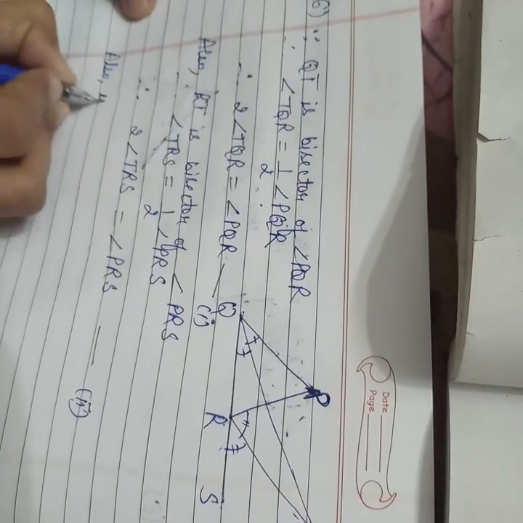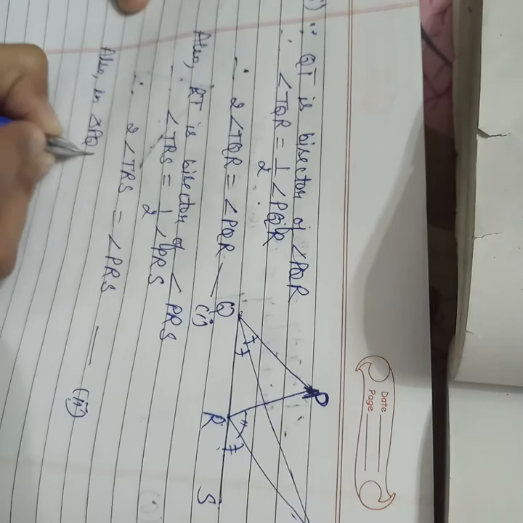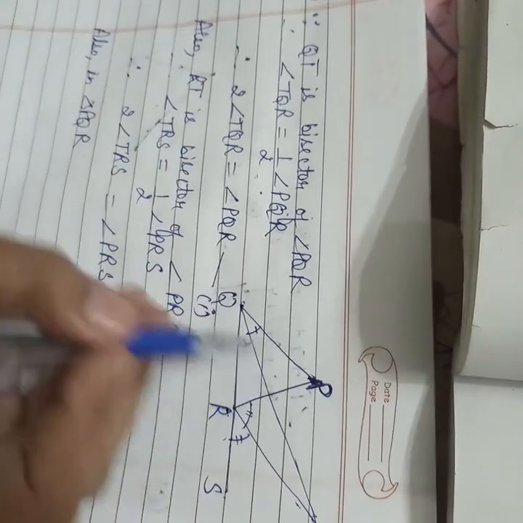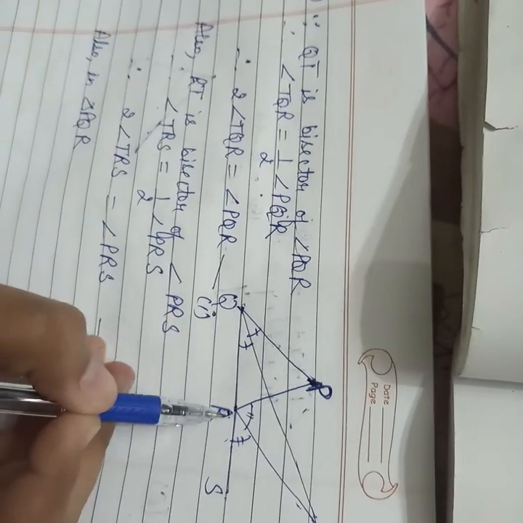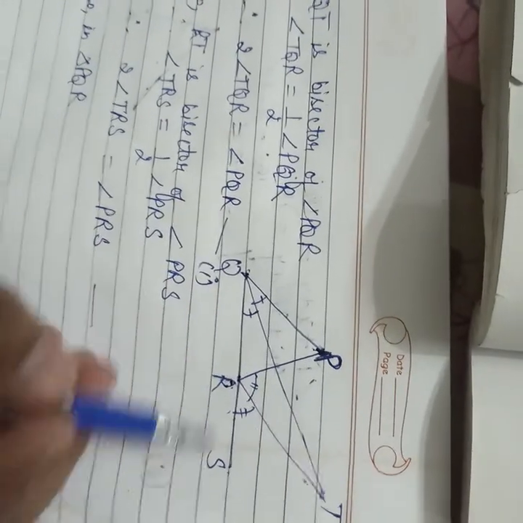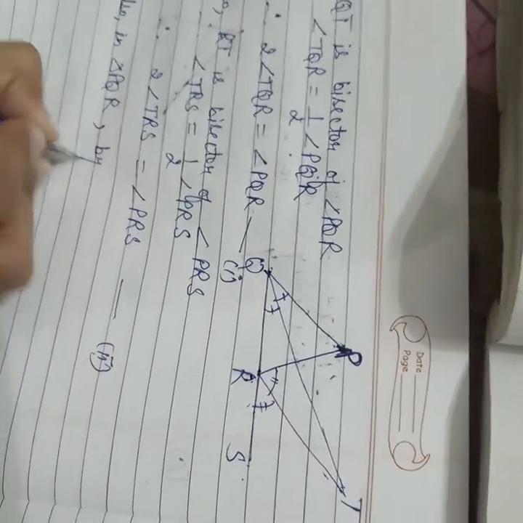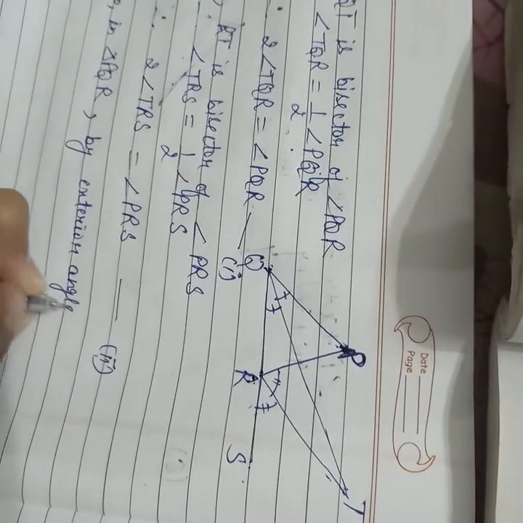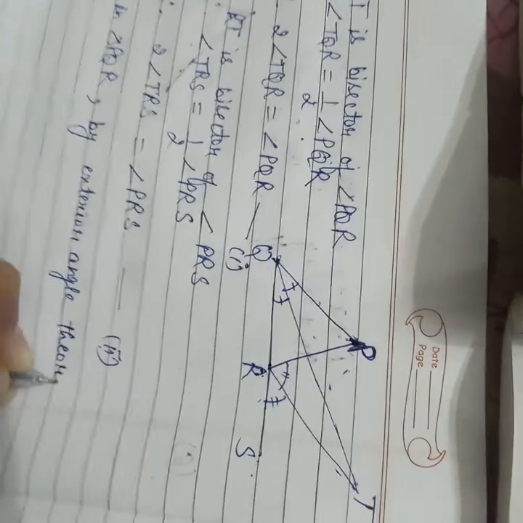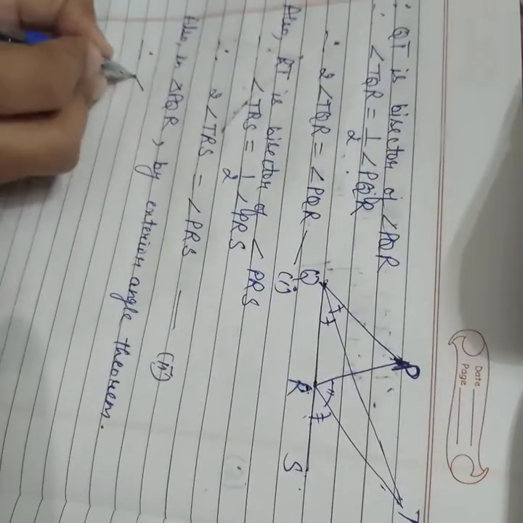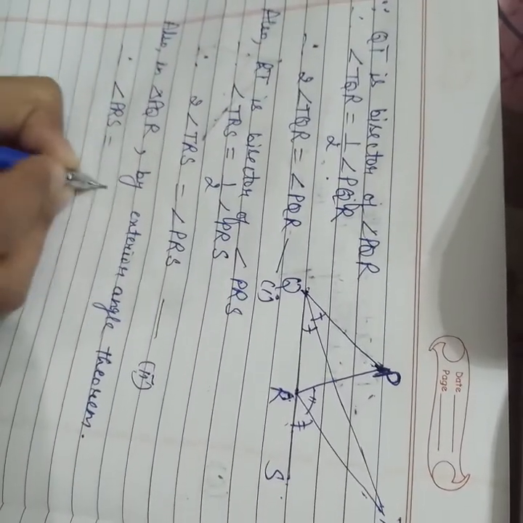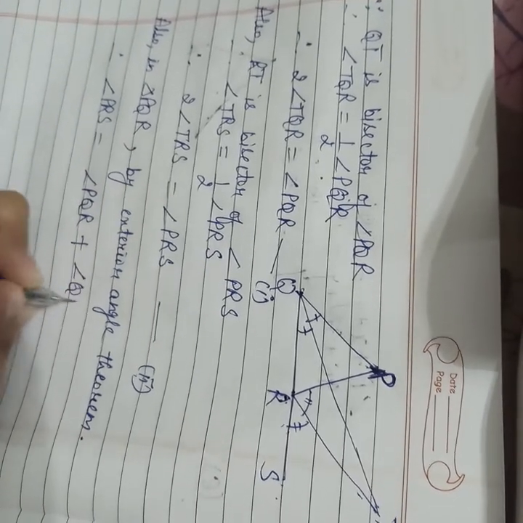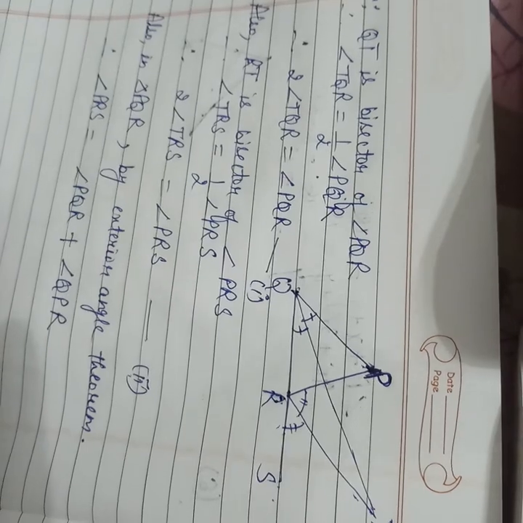Also in triangle PQR, angle PQR plus QPR equals PRS by the exterior angle theorem. Angle PRS equals angle PQR plus angle QPR.